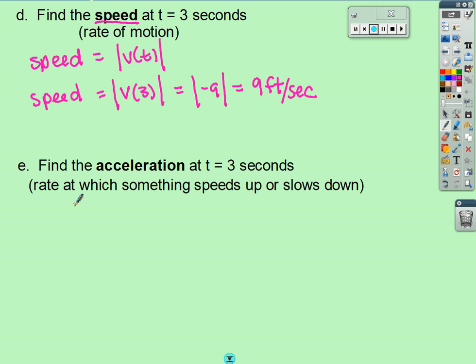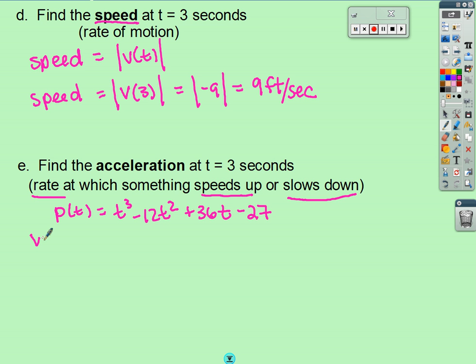Lastly, we're going to find the acceleration at t equals 3. This is the rate at which a particle is speeding up or slowing down. That's what acceleration is. So again, we start out with our position function that they gave to us. T cubed minus 12t squared plus 36t minus 27.